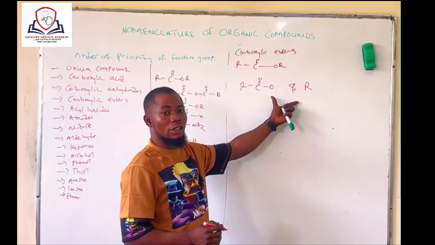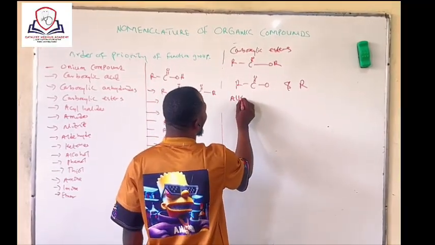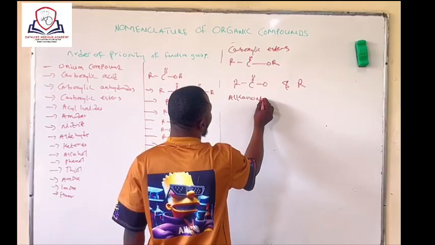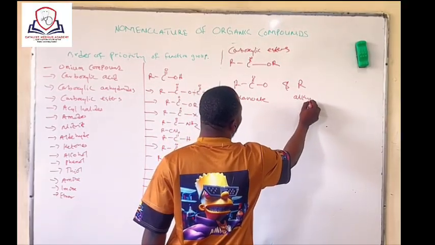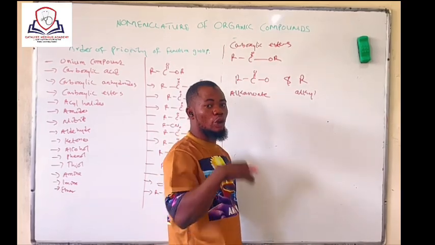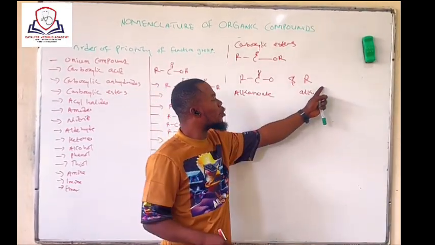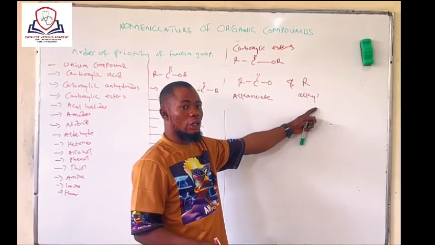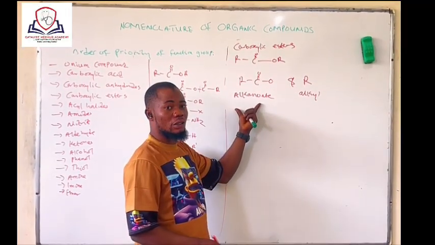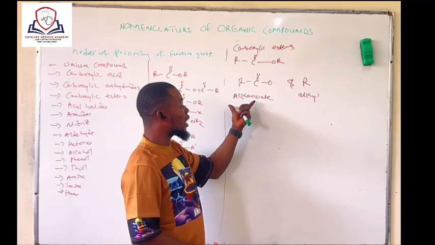These are the two parts that we have in carboxylic esters. This part here is called the alkyl part, and it can be either an alkyl group or it can be substituted with other substances such as sodium or potassium. Now, we should know that you will call the R part first before you call the acyl part.